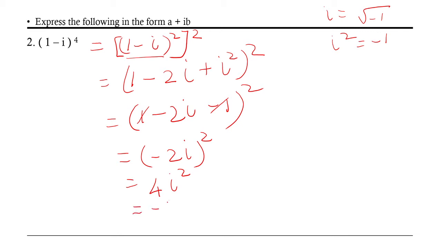So this is equal to minus 4. To be on the safer side, it is better if we write the answer as minus 4 plus 0i, because the question is expressed in the form a plus ib. So the answer for the given problem (1 minus i) the whole power 4 equals minus 4 plus 0i.